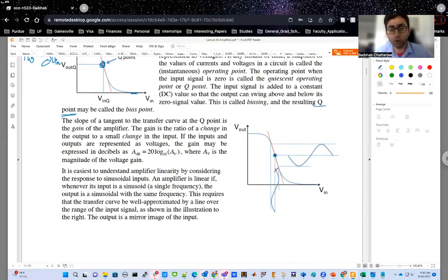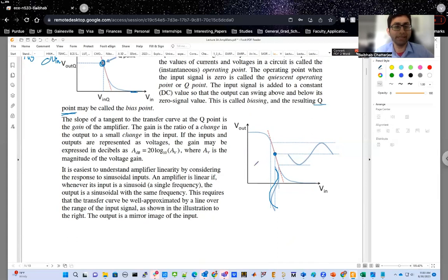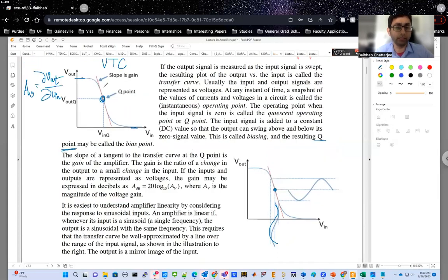Now, if you have a small input swing, because your gain is larger than 1, or the derivative of this plot with respect to V in is larger than 1, your output swing will be larger than the input. Of course, as you see, as your V in is increasing, your V out is decreasing.